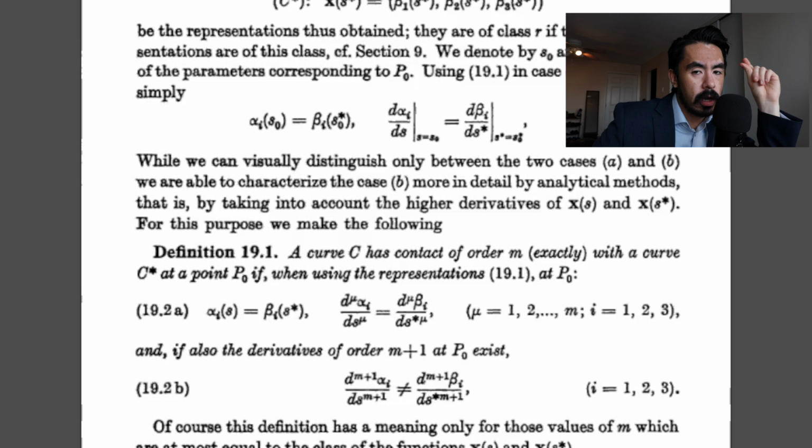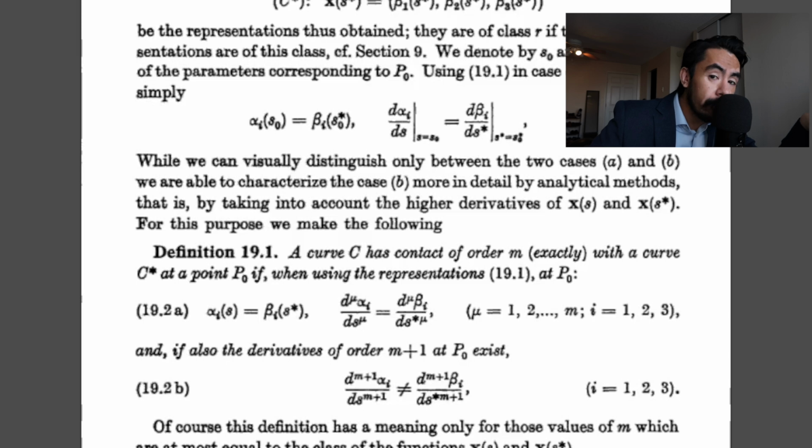This definition of contact has two parts. You can look at the first part as specifying things about the derivatives up to the mth derivative. So these are going to be equal.